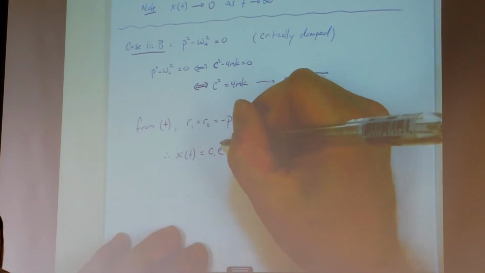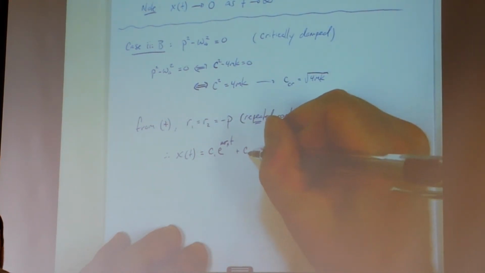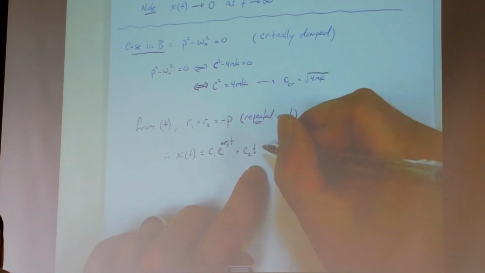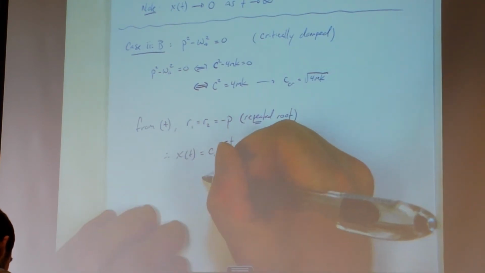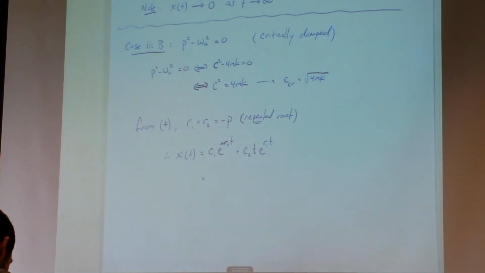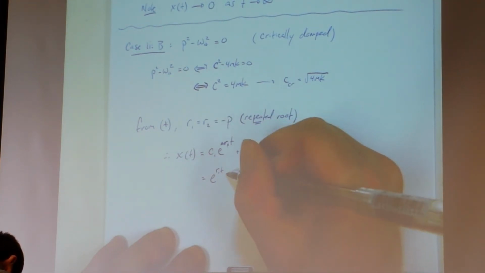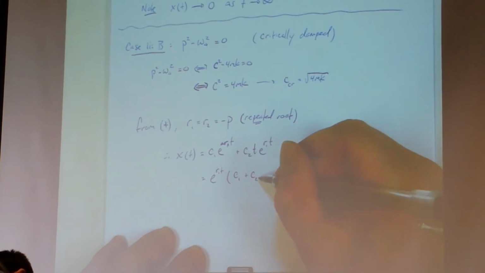Plus C2, and if it's repeated, we get a linear factor out front. So factoring out that e to the r sub 1t, we get C1 plus C2t.